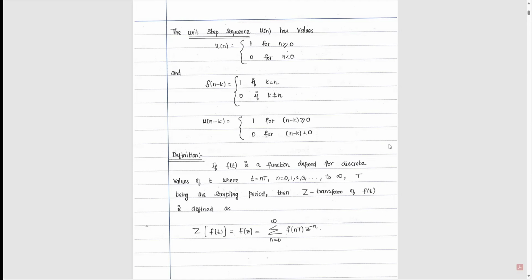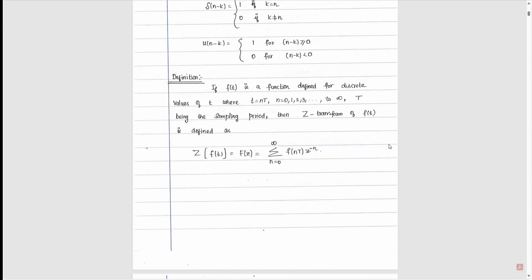And s(n minus k) is equal to 1 when k is equal to n. It means if both are equal, then we take it as 1, and if they are not equal, then we take it as 0 for s(n minus k).